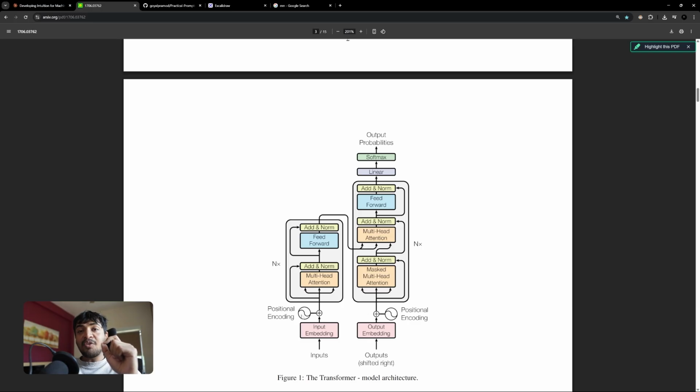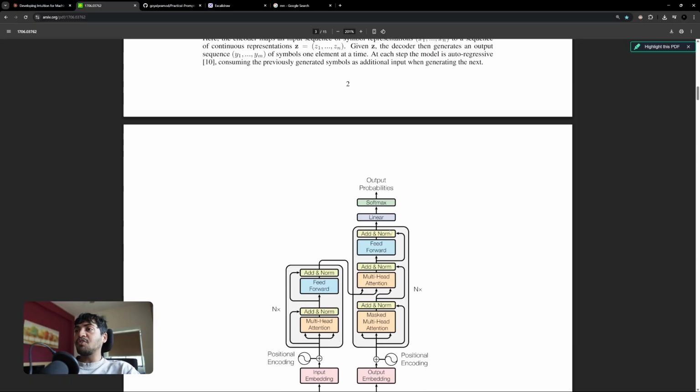You have something called positional encoding, and they talk about input embeddings. And over here, you have add and normalization steps. So why is the normalization not done before the feed forward network instead of after the feed forward network? Then you see that they have one encoder side, one decoder side. So much information, so many things packed in one single architecture. Now let's break it down step by step and try to understand it.